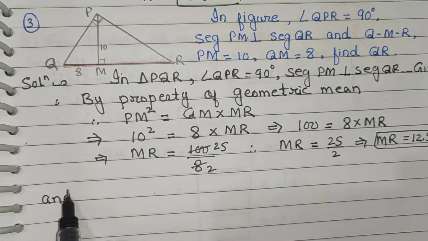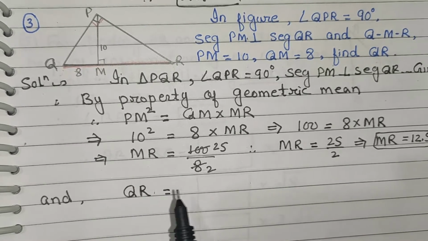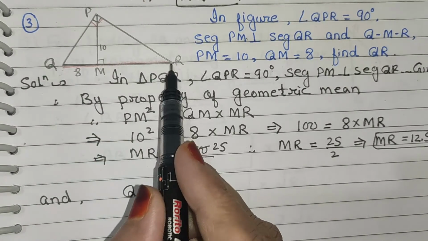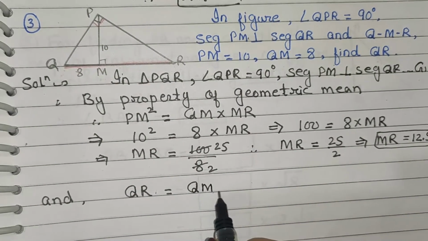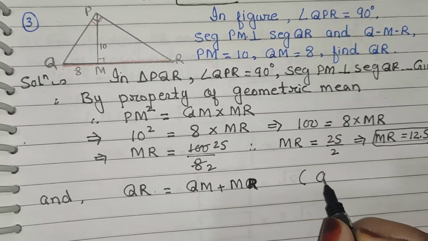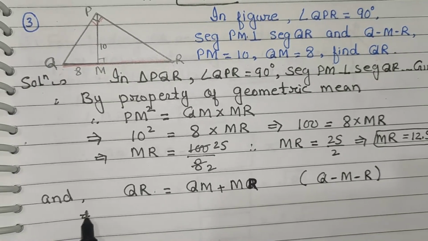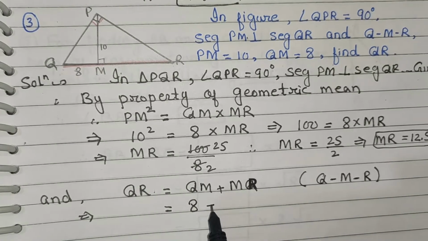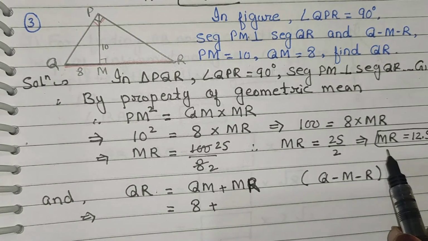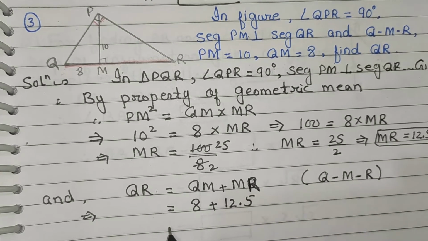And now QR is equal to, look at the figure here, QR is equal to QM plus MR. Now substituting the values, we get QR is equal to QM means 8 plus MR. MR की वैल्यू हमने फाइंड आउट किया है 12.5.